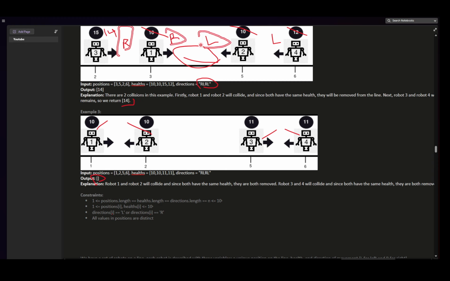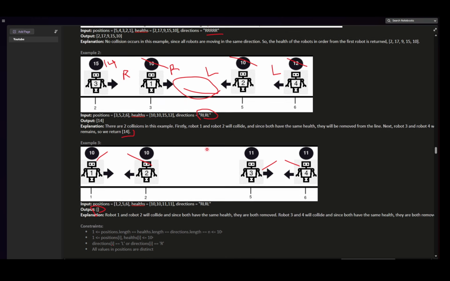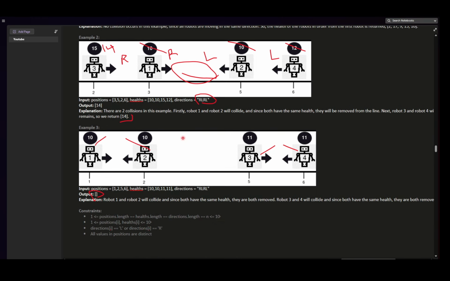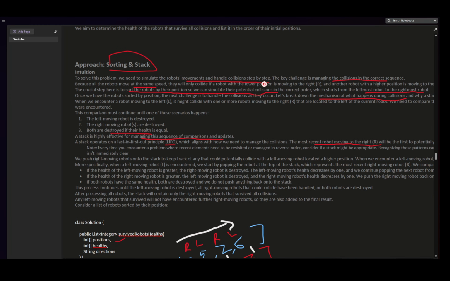Whenever we encounter a leftward direction robot, we can pop out the most recently inserted robot from the right, so that it preserves the relative order, and we can check their health. We can write conditions like the lower health will be destroyed and the higher health will be decreased by one, and we can check for the rest of the robots. That is the main approach, and you can see the same thing explained here.